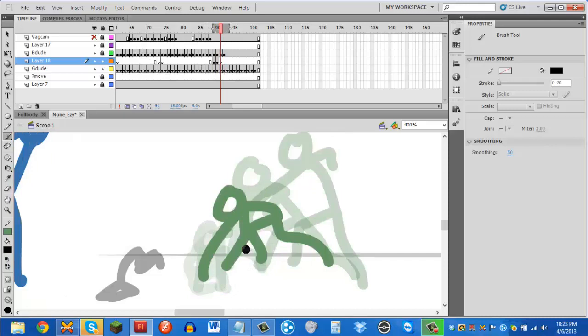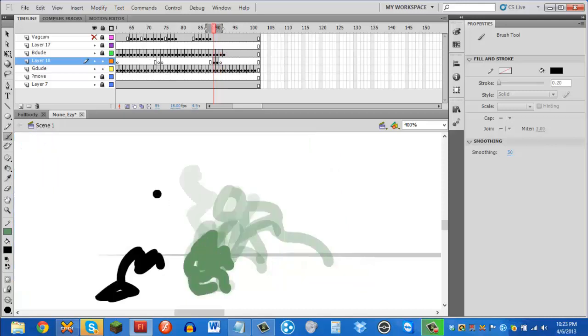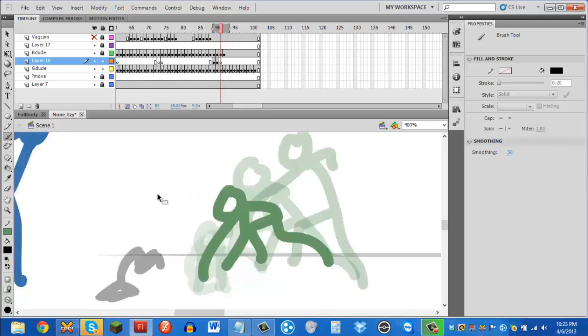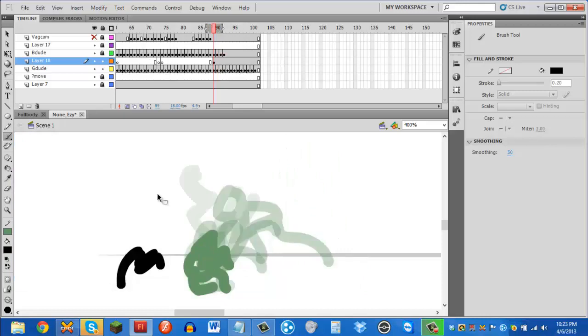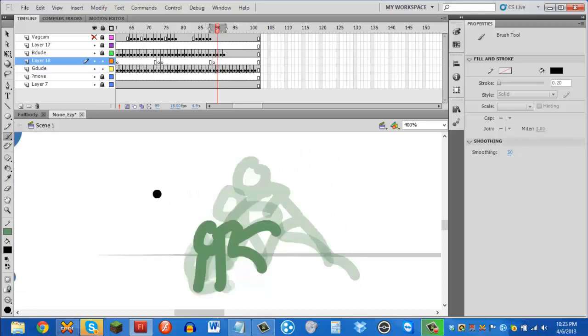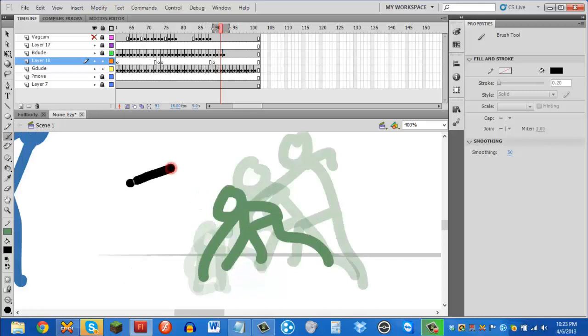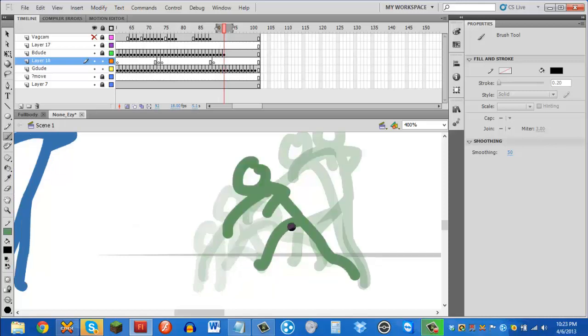And right here, another example of stiffness, or not stiffness, rigidness to floppiness in a second. He went from having a straight rigid leg, which is right here, to having a very floppy leg right there.